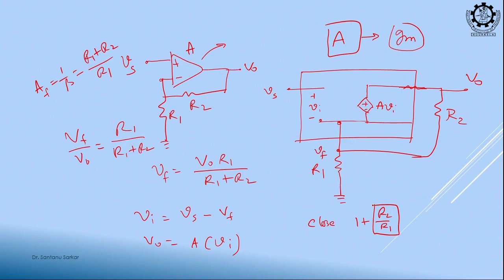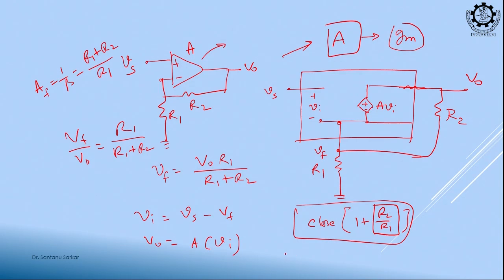Now, you see, think about this. This is a ratio of resistances. Suppose temperature is increased, R is increased, but both R2 and R1 will be increased. So, the ratio will be more or less constant. So, now I have a control here. I had no control here, because it was dependent on the technology parameter and very much sensitive.